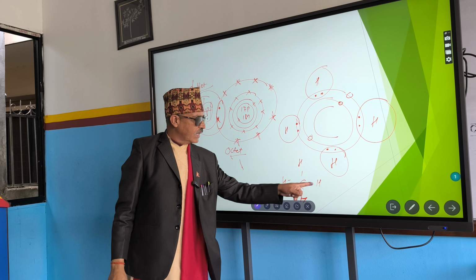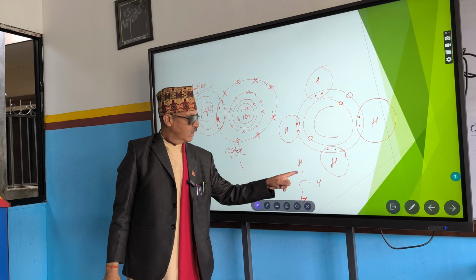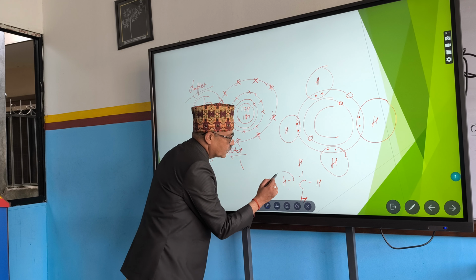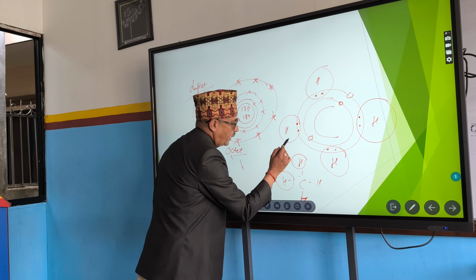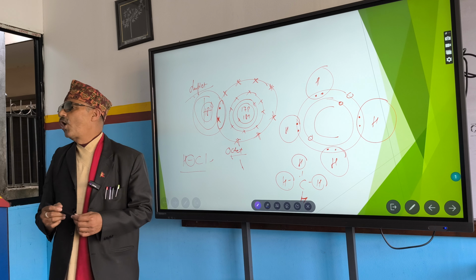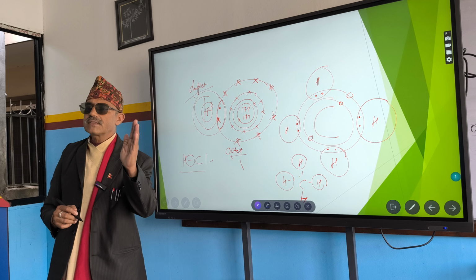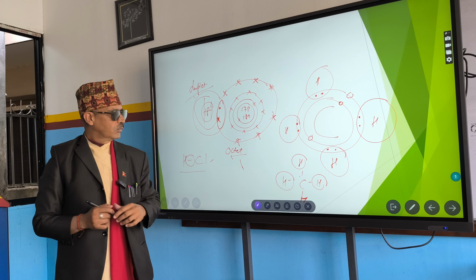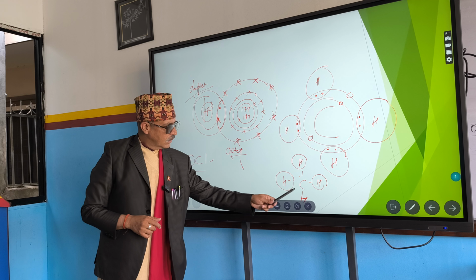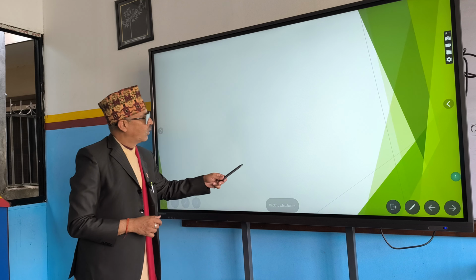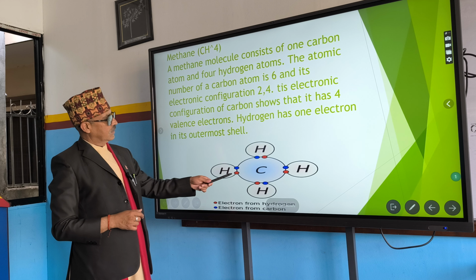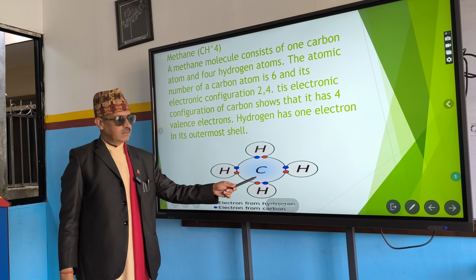In between carbon and hydrogen, one pair of electrons is shared, here also one pair, one pair, one pair. Because of that, hydrogen will be in duplet, and carbon will be in octet. Octet means at last 8 electrons. So this is a covalent bond. Methane CH4 we have done. Here is the sharing like this.